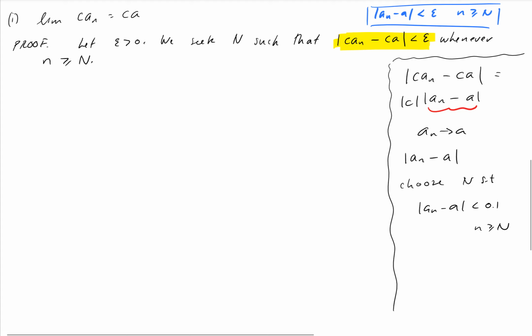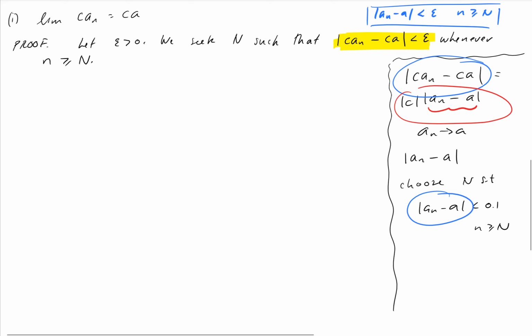But what we could do instead is notice this is the thing that we've got control over. We've got control over AN minus A, and we're trying to make this thing less than epsilon. And this thing at the top is related to AN minus A through this step here. So you usually have to do some work to relate the two things together, but we're making use of our sequence converging to make AN minus A small, and we can make C times AN minus C times A small also by choosing a value that we like.